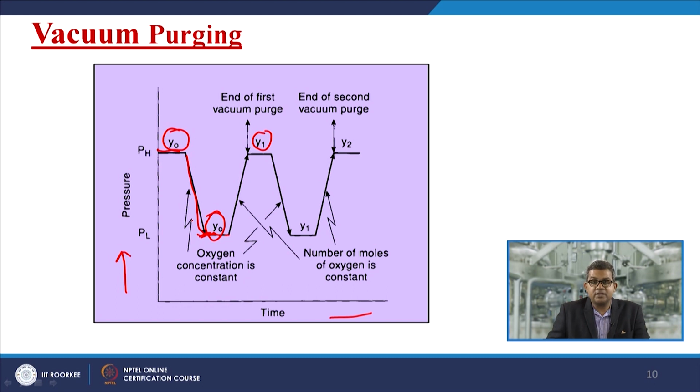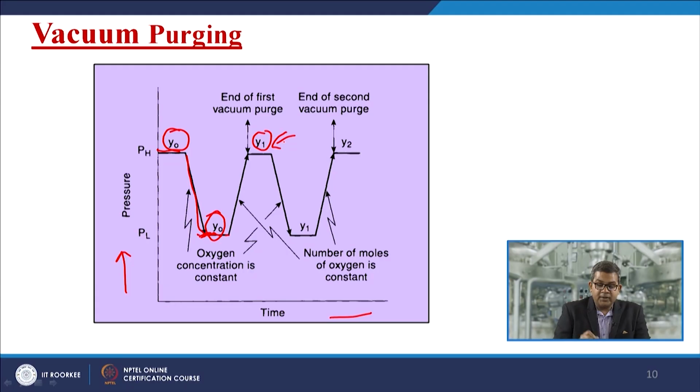Suppose you have achieved the desired oxygen concentration by introducing the inert material, and then you raise the pressure so that it can acquire the desired pressure to maintain the reaction mechanism. So here you may have a Y1, that is the final oxygen concentration.